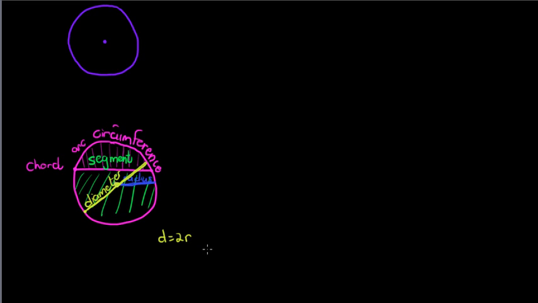Is there something else? Yes, there's one more thing. There's another line, and this line just touches the circle. It means that it cuts the circle but only once. It's only one point, and that is called a tangent line.